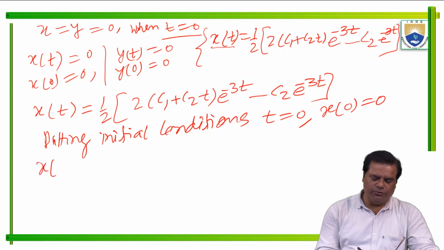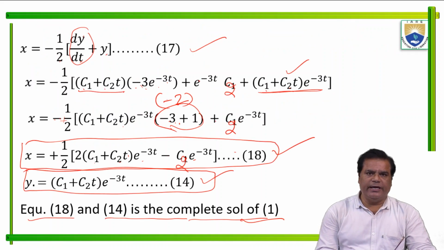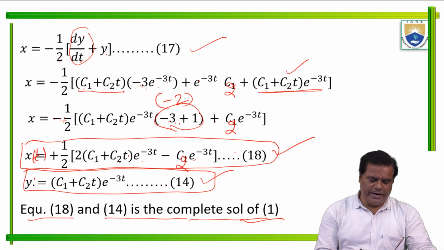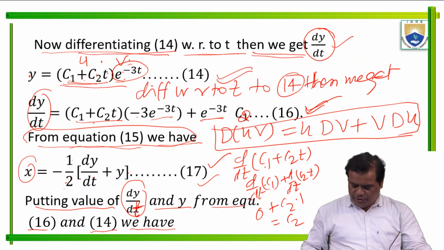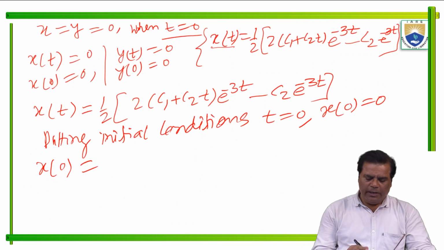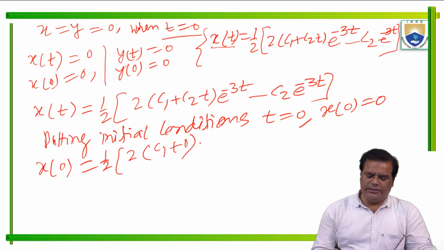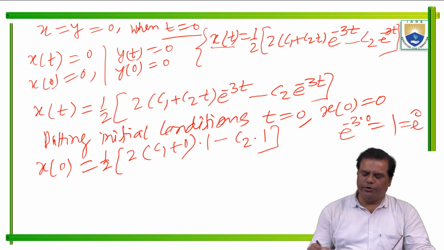In our solution, it is x(t) and y(t), not only x. So x(0) is 1 upon 2, putting t = 0: 2c1 plus 0, e to the power 0 is 1, and minus c2, which is also 1 because e to the power 0 is 1.